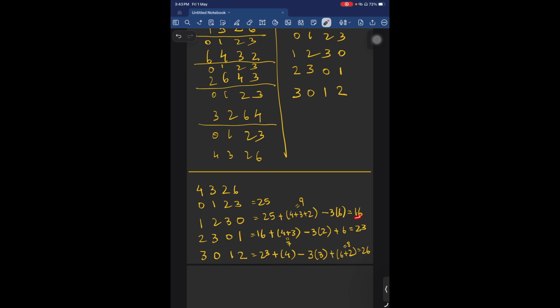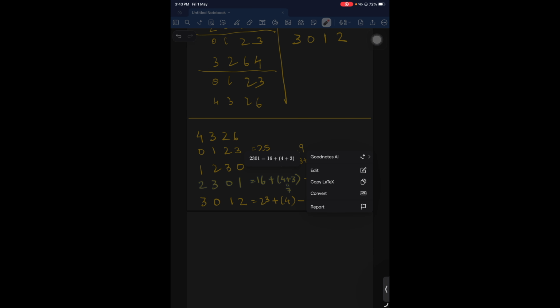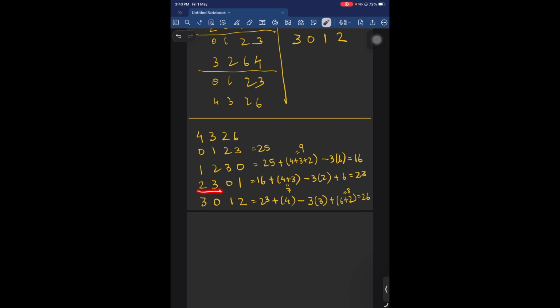Now I move to find f of 2. In f of 2, I will first add f of 1. Then we can see that 0 will be at this index, 0, 1, 2. So before that, the index values are 2 and 3.